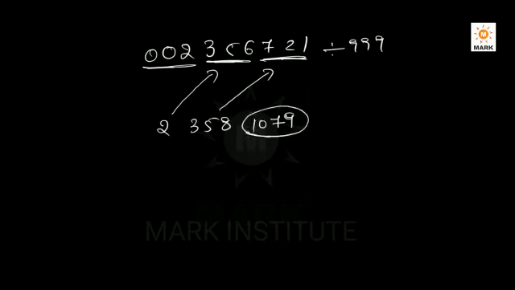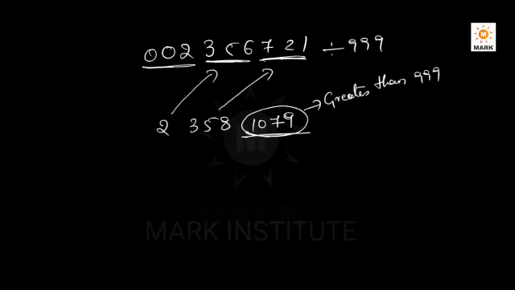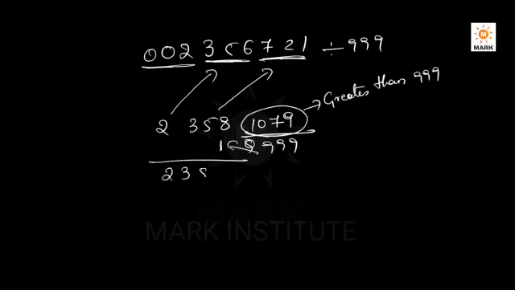1079. The final sum that you get is 1079, and since 1079 is greater than 999, again I am redividing it by 999. When I redivide it by 999, I get a quotient of 1. I am writing here 2359.